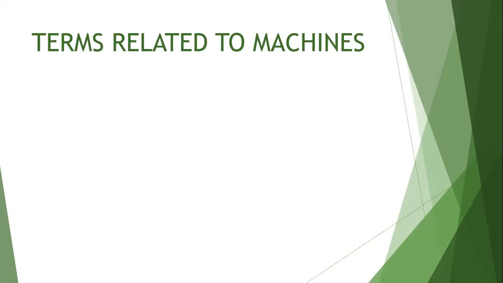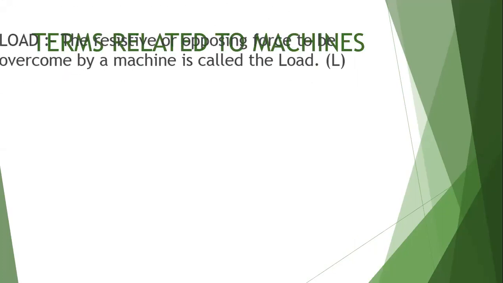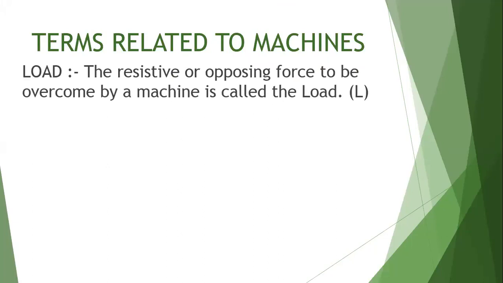The same way in machines also, we need to know the terms associated with machines. Once we are familiar with these terms, it will be very easy to understand the rest of the topic. So let's start with the first and very important term related to machines, and the term is load.